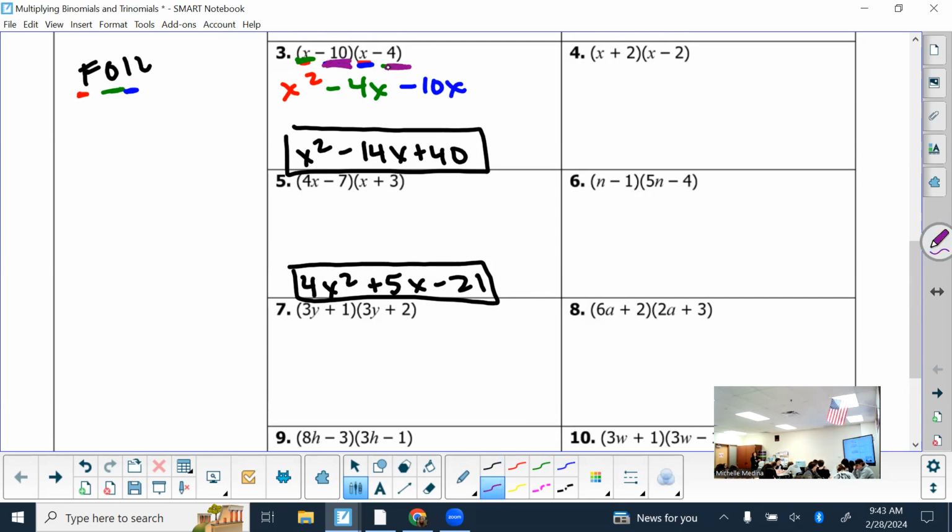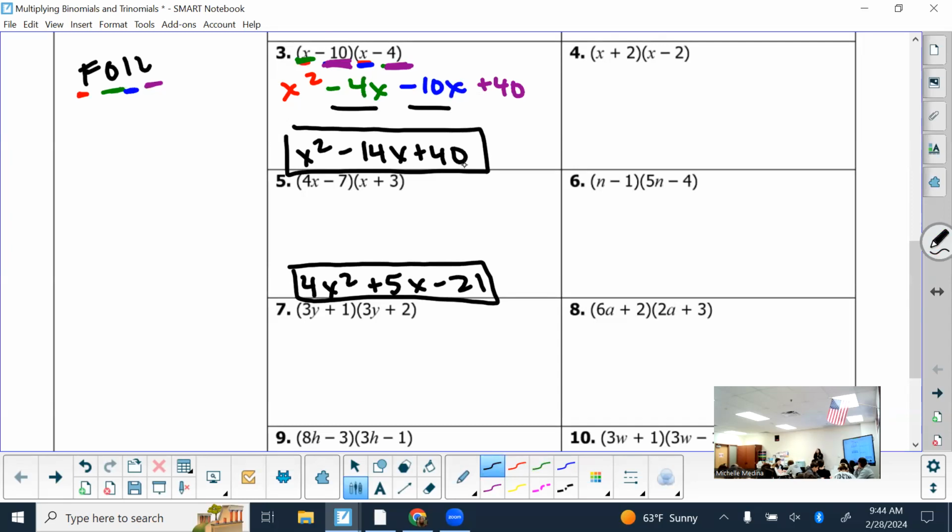So this negative 10 times this negative 4 gives me, what's negative 10 times negative 4? Positive 40. Show that it's positive. A negative times a negative gives you a positive. Usually you have to combine like terms, and it's usually these middle terms. Negative 4x plus a negative 10x is negative 14x. So my final answer in standard form.